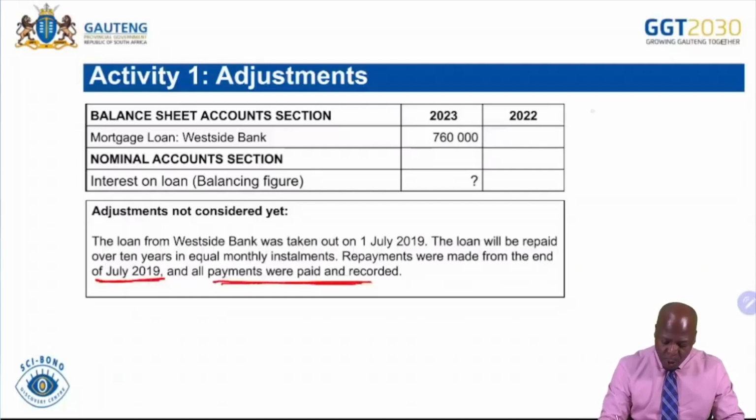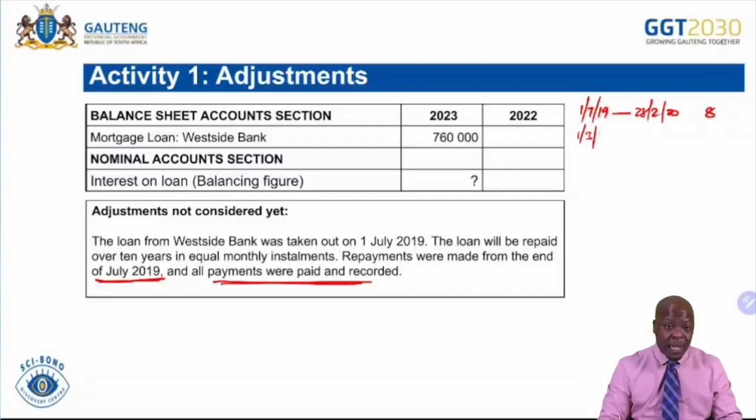So in this case, we will now say the loan was taken on the 1st of July 2019, and then until the end of the financial year, which is 28 February 2020. That means we had that loan for this year only for 8 months. Can I go on? And then the next financial year began on the 1st of March. Remember, because it ends in February.